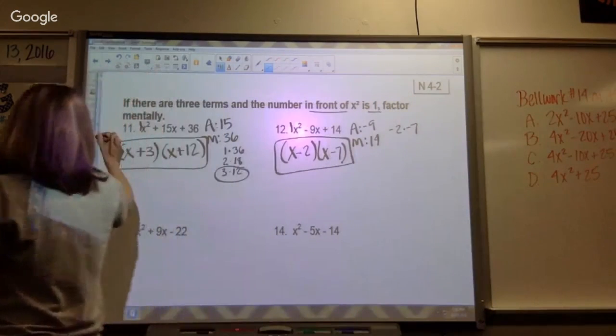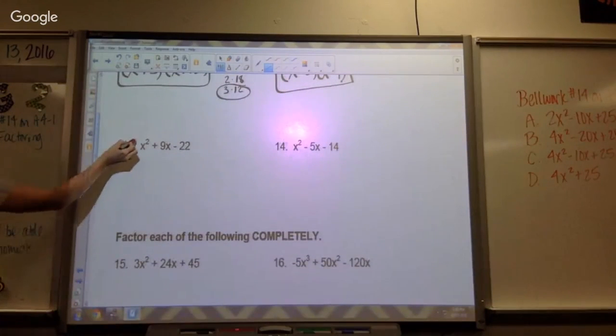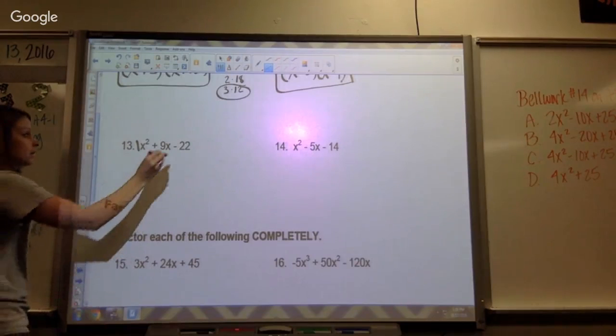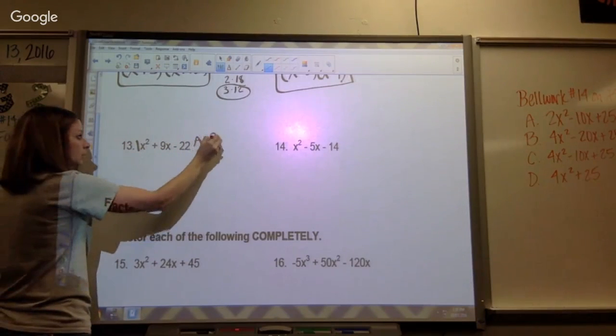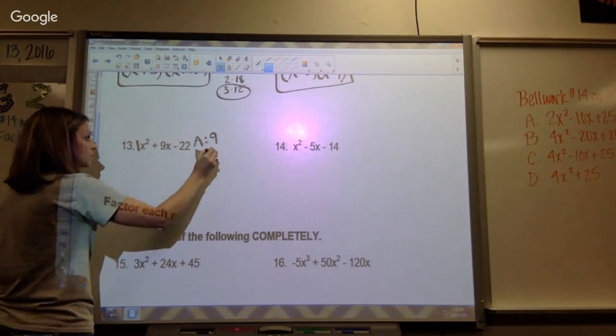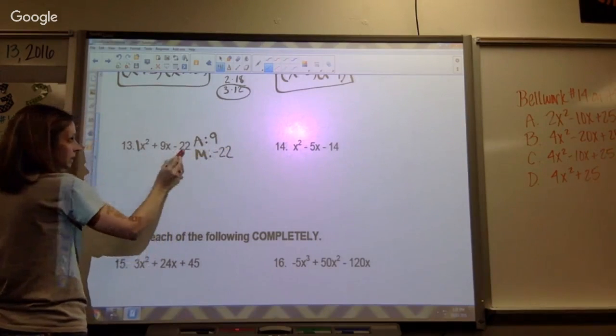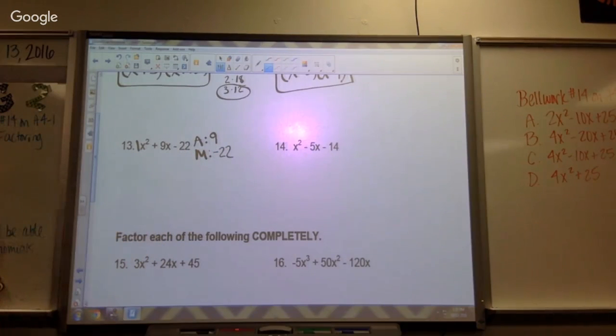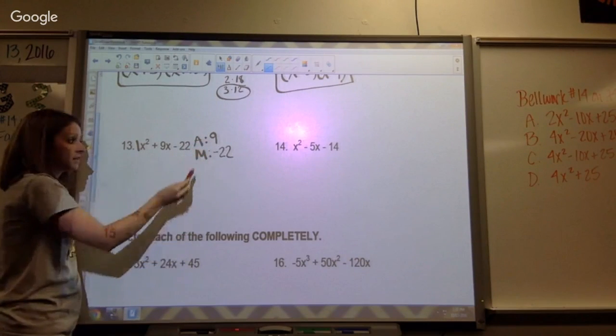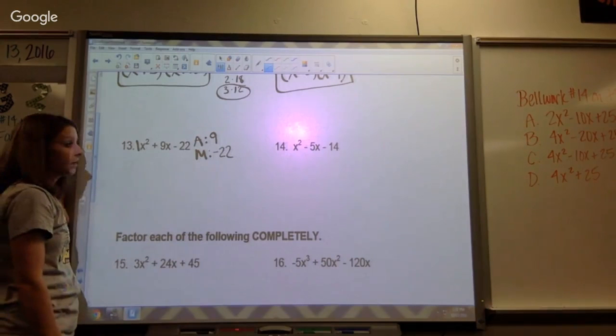All right, looking at 13. We have 3 terms again. Number in front of x squared is a 1. So we want to add to the middle number 9, multiply to the outside number, which is negative 22. Since we're adding to get a positive, multiplying to get a negative, that means only one of them needs to be negative.